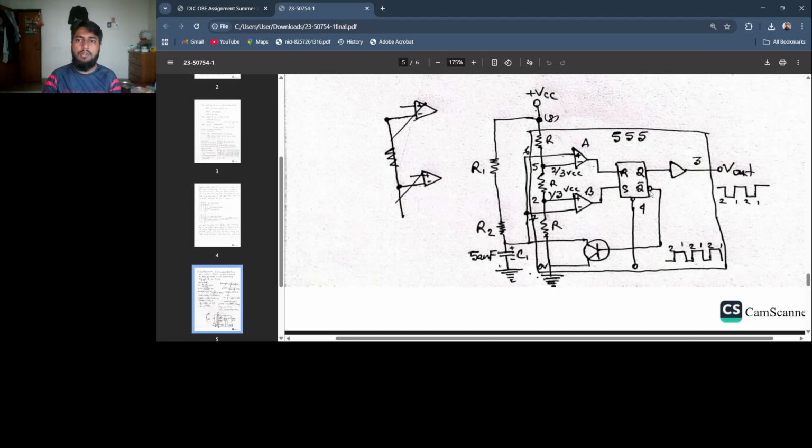Then Q bar is connected with a BJT transistor, and Q output goes to a NOT gate, and the output always shows voltage in minus.